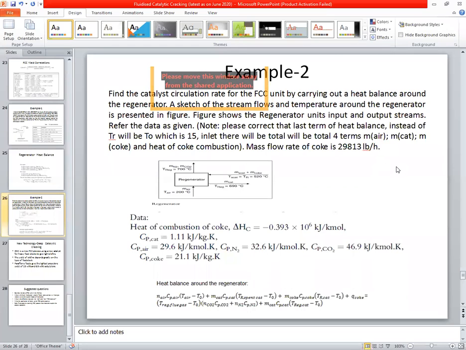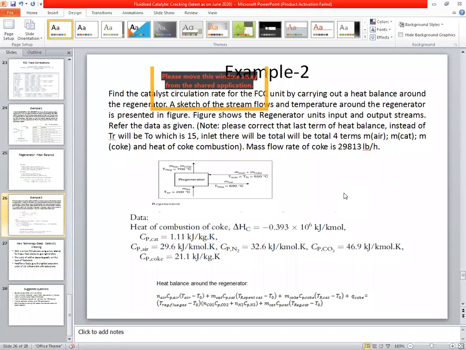So first mistake, as I told, in your textbook, example 2, it is written that Coke produced, the figure is given 29,813 pound per hour.